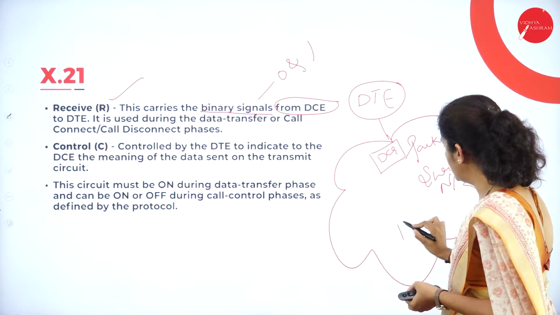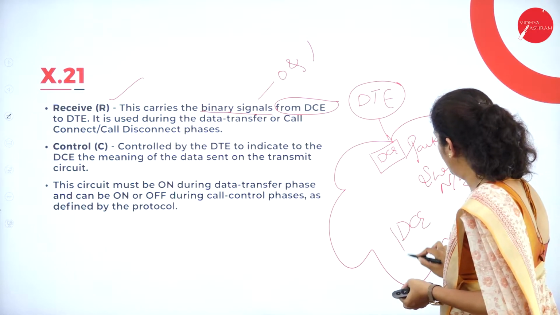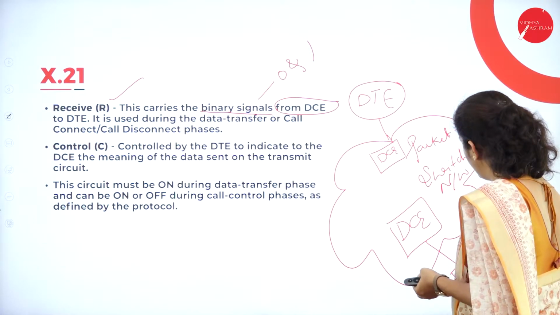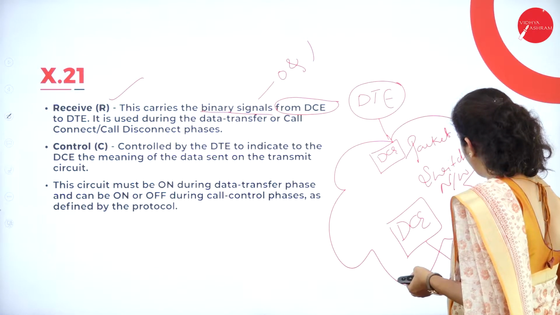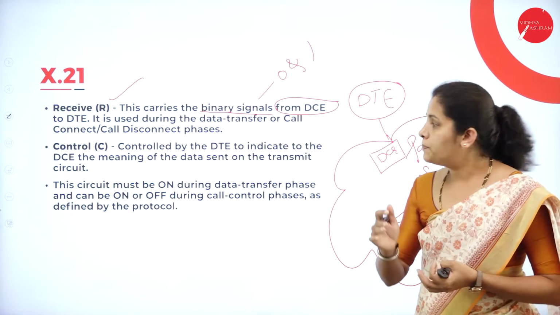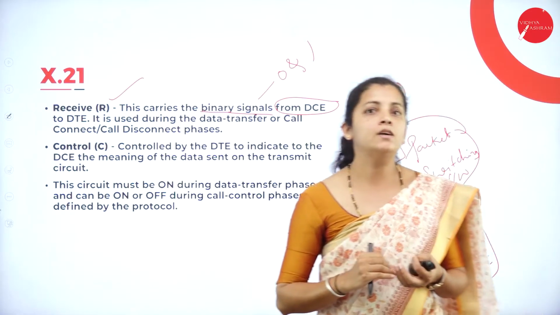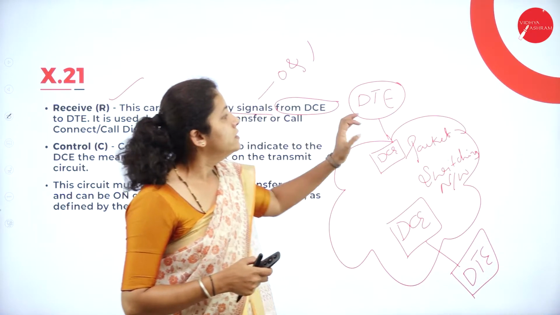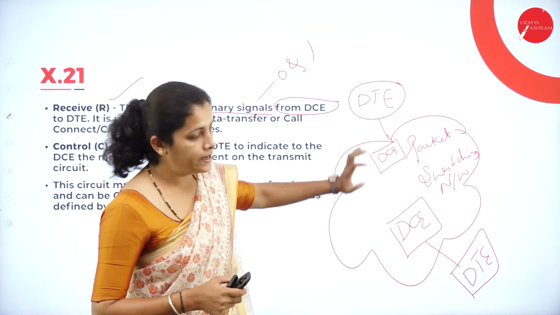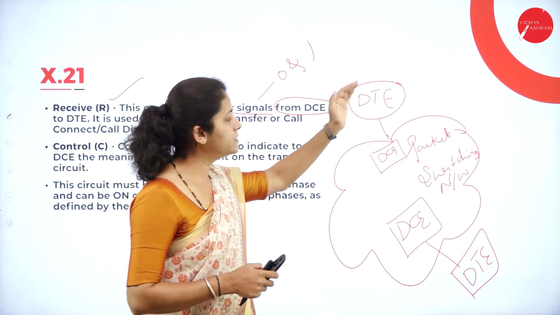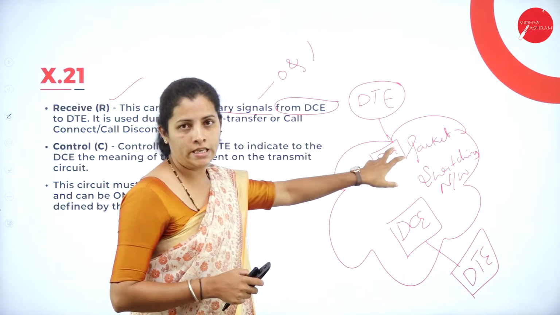This DCE is connected to another DTE. Suppose a DTE wants to transmit data to another DTE, they cannot transfer directly. So what will the DTE do? It transfers the data to the DCE.